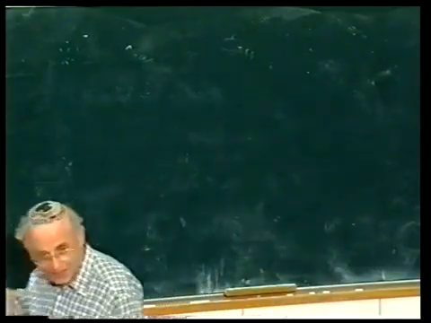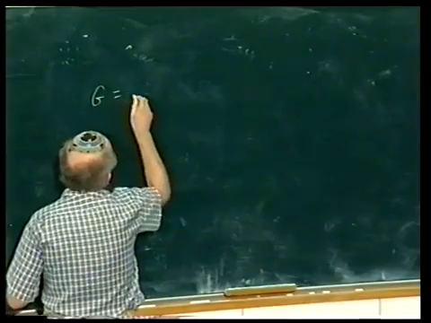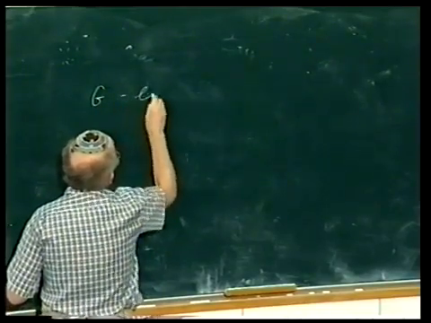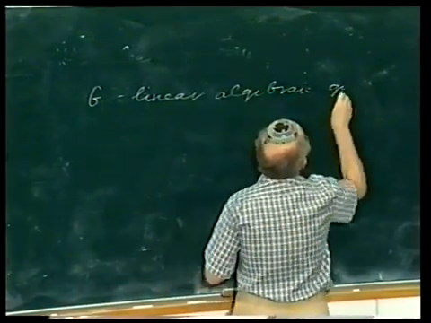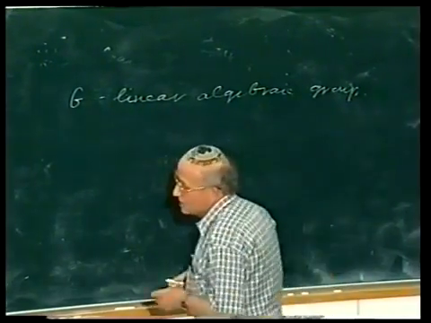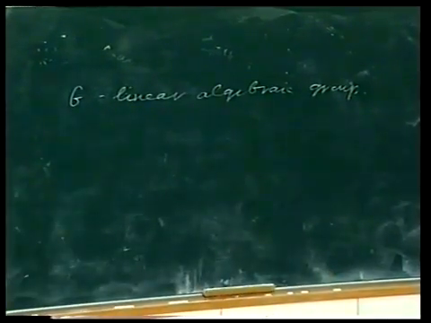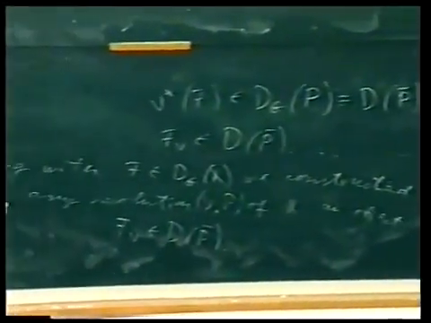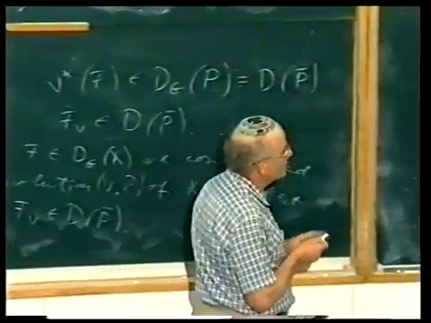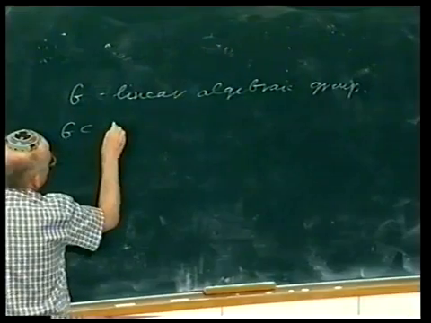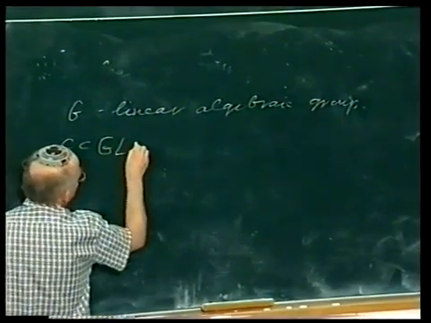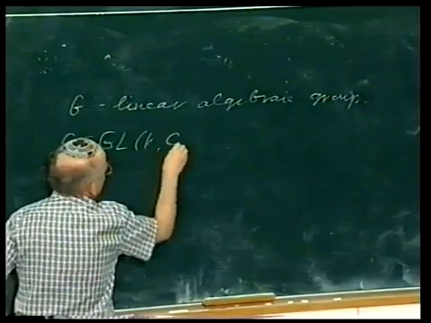Sasha can give definitions. That's a different story. But I want to consider another case where G is a linear algebraic group. So in this case, I can describe this thing in some more straightforward language. G is a linear algebraic group, so I can assume that G lies in GL_n(C).